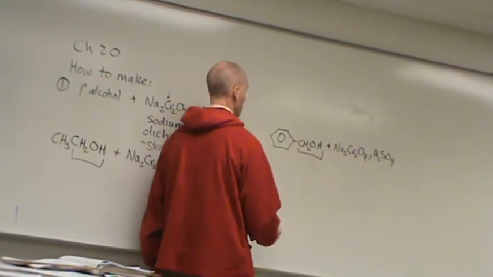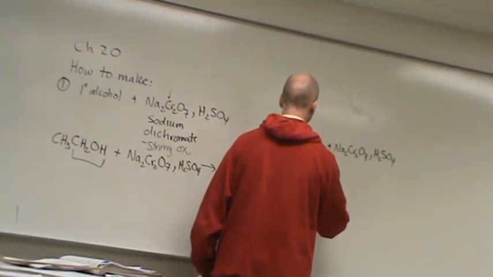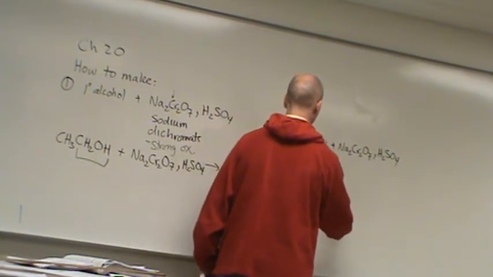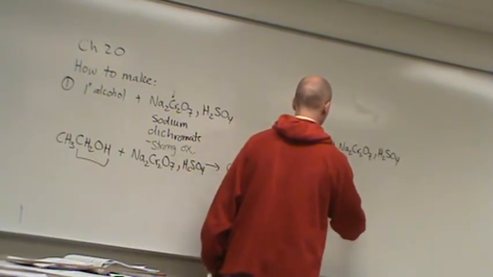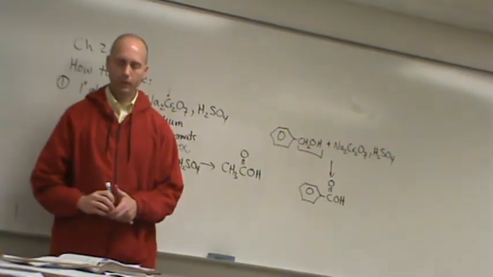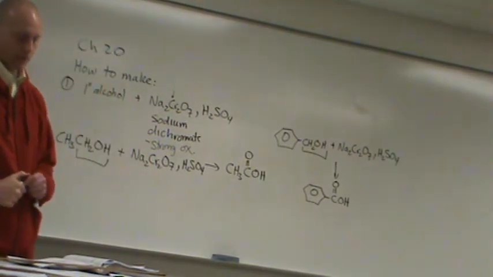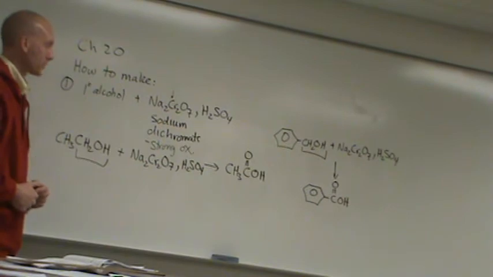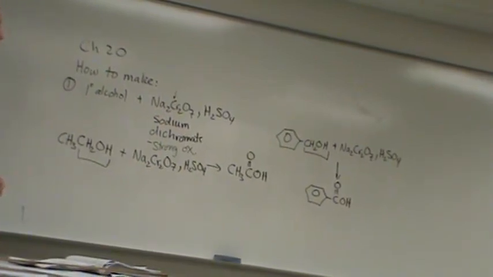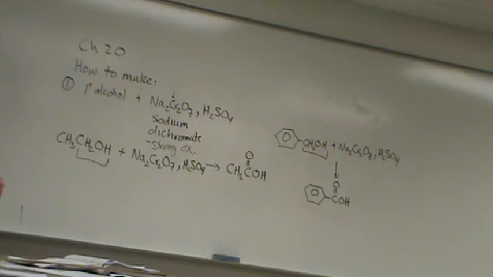So this portion here would then become the acid group to give us benzoic acid. So here's a new way to form benzoic acid by oxidizing benzyl alcohol. This is the first main reaction to have on your note cards for this chapter. Any questions on this reaction?